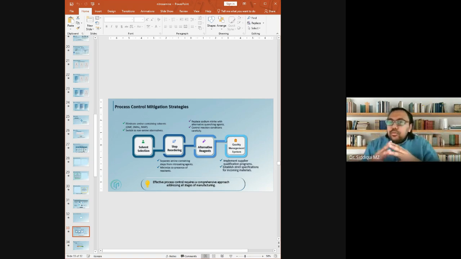The implementation of supplier qualification programs and establishment of strict specifications for incoming material is very vital, which can contribute to the mitigation strategies of nitrosamine formation.